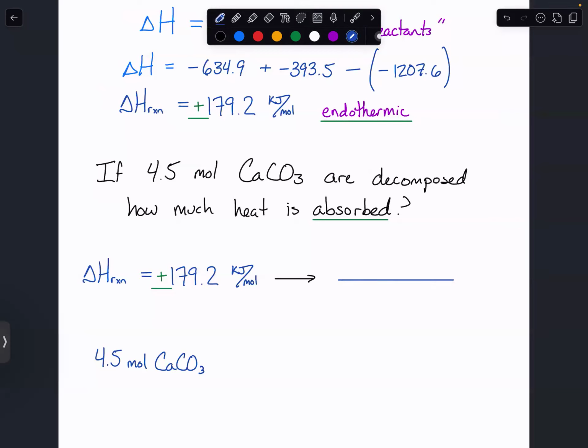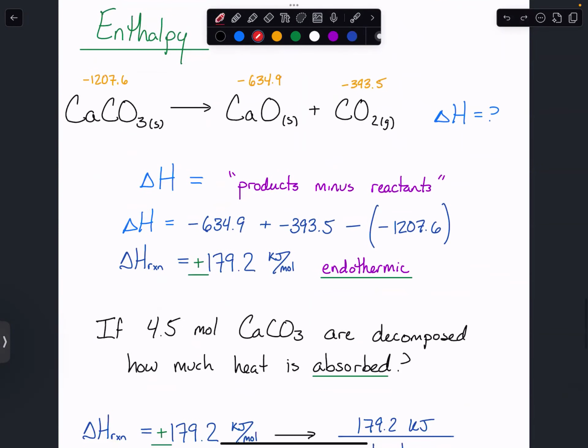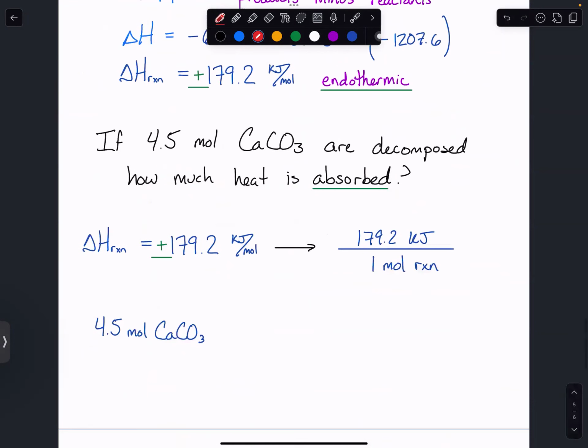Same game we've been playing all semester long. The 179.2 kilojoules over 1 mole, but specifically 1 mole of what? Yeah, this chemical reaction as written given this balanced chemical equation up here, right? When you provide your balanced chemical equation, you're saying this is what 1 mole of reaction is.